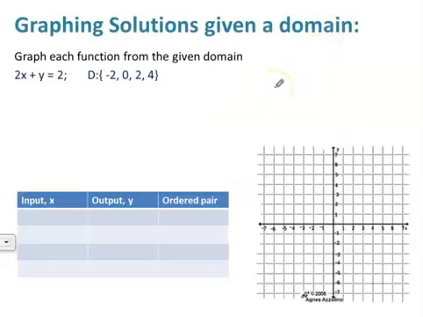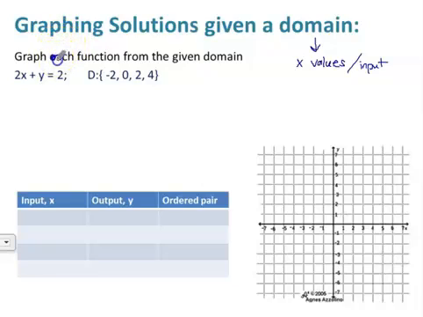Okay, so I just mentioned that one of the things we're going to be doing is graphing solutions when we're given a specific domain. And remember, domain is our possible x values, or you can think of it as the input to our function. And we need to find the corresponding y values, or the outputs of that function. So here's an example of where we can graph solutions given a specific domain. The question below says graph the function.